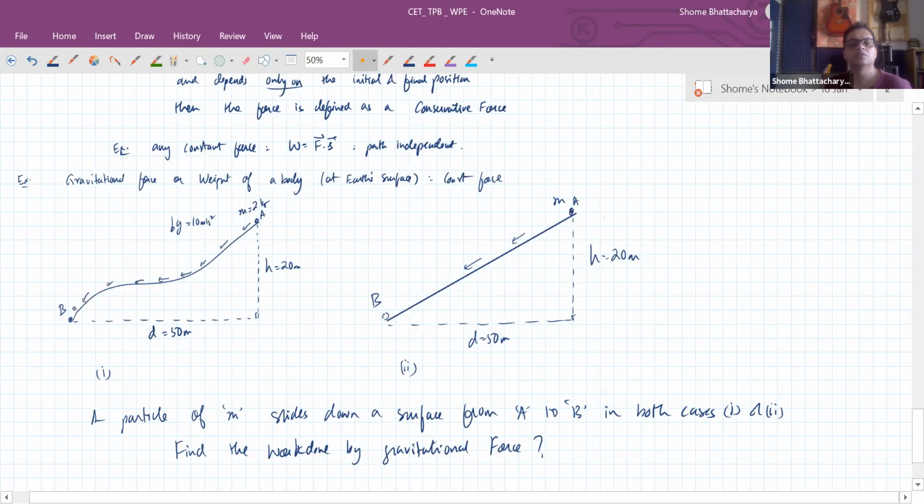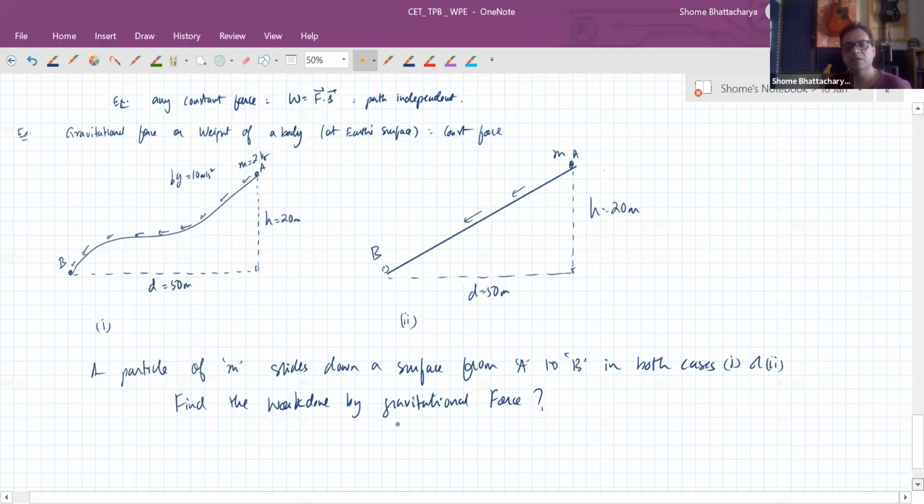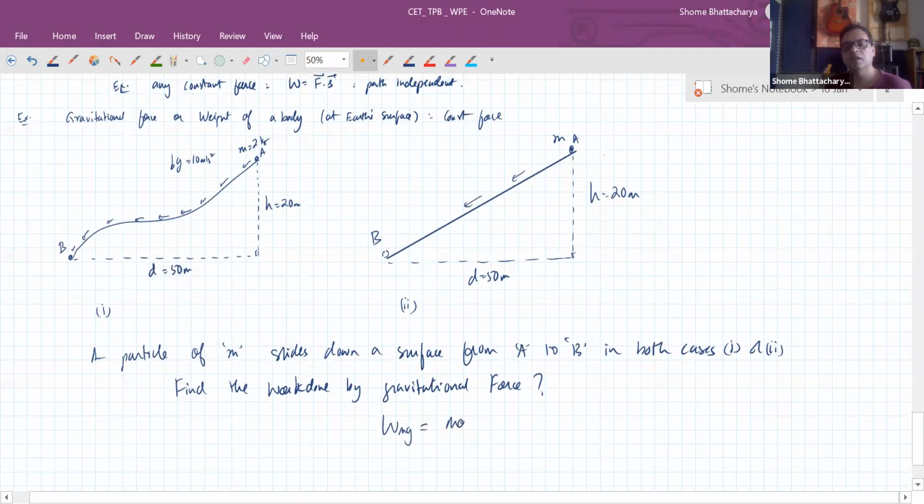But the work done will not depend on that. It will only depend on, because it's a dot product now of the force and displacement. So we'll see that work done by mg will be mg dot s. In both cases, the displacement from A to B is going to be, if I take x and y axis like this, minus 50 i cap, minus 20 j cap. And the gravitational force is going to be, its mass is 2 kg, so minus 20 j cap in newtons.